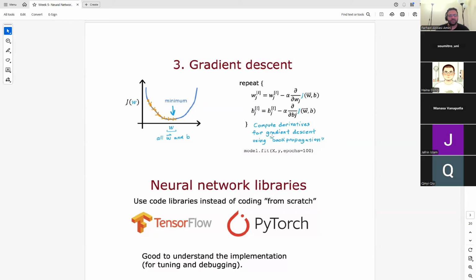It means that gradient descent updates W and B 100 times in a loop up to the point that we get the optimum W and B, and then our model is fitted well on X and Y. And then you can use it for more prediction.